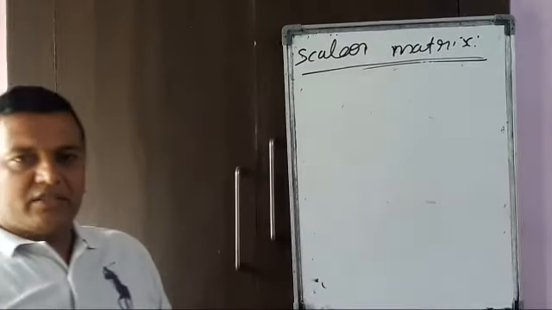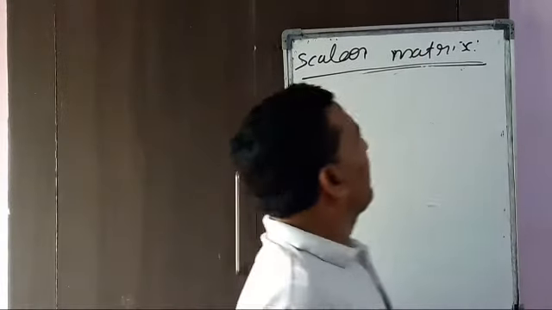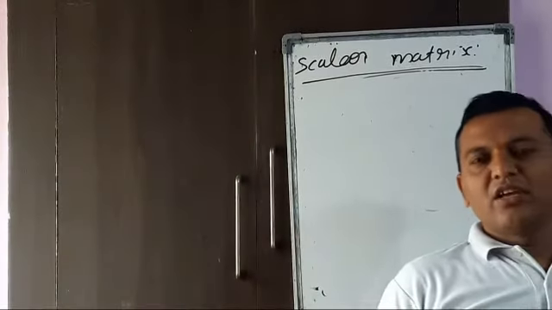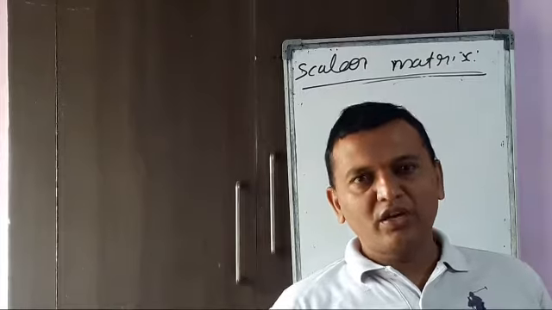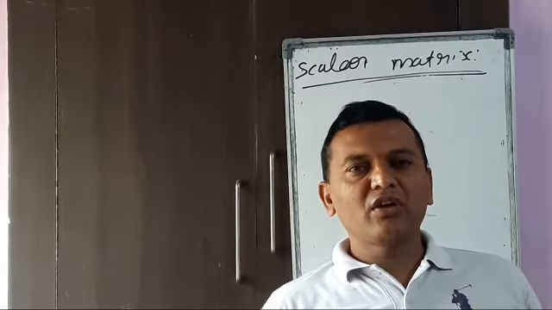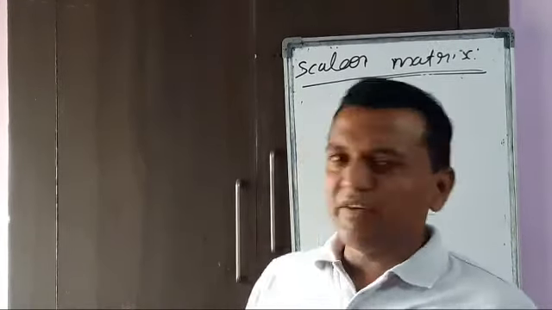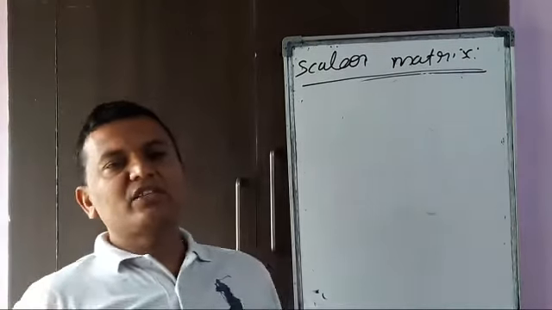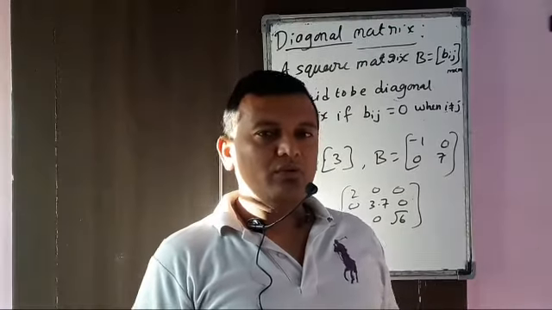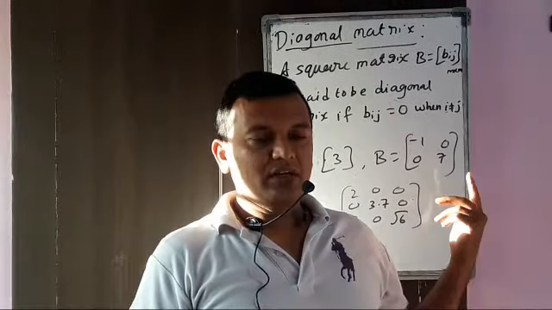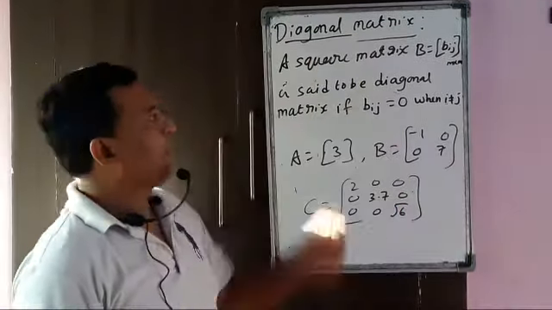A square matrix is said to be a scalar matrix if all its diagonal elements are equal and non-diagonal elements are 0. Or in an easier way you can say a diagonal matrix is said to be a scalar matrix if its diagonal elements are equal.